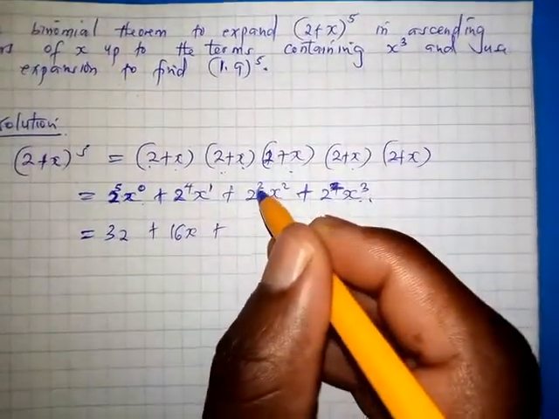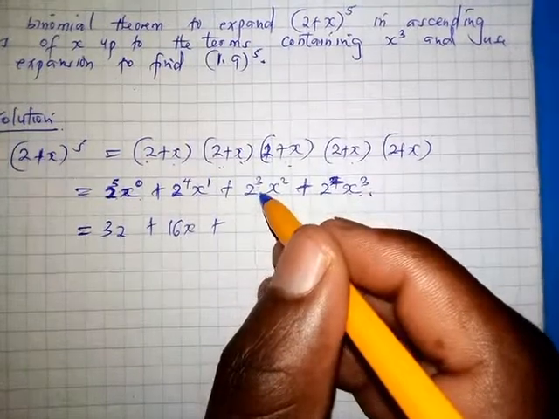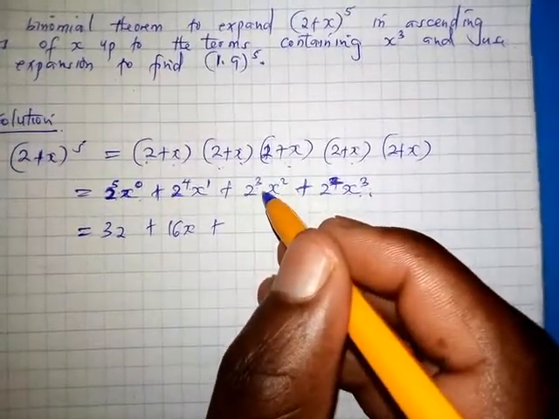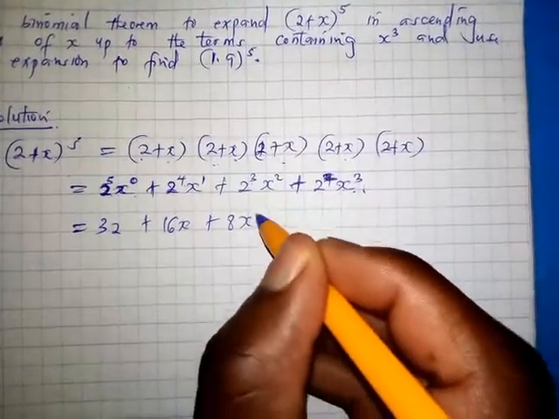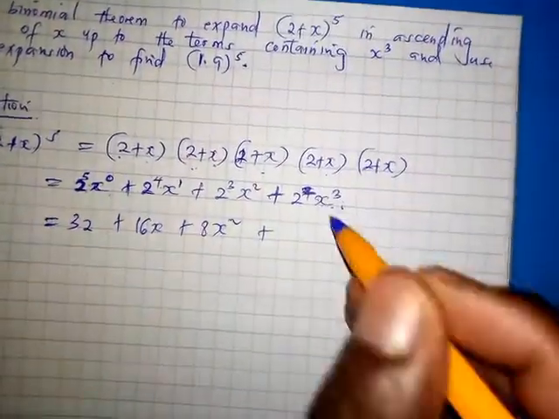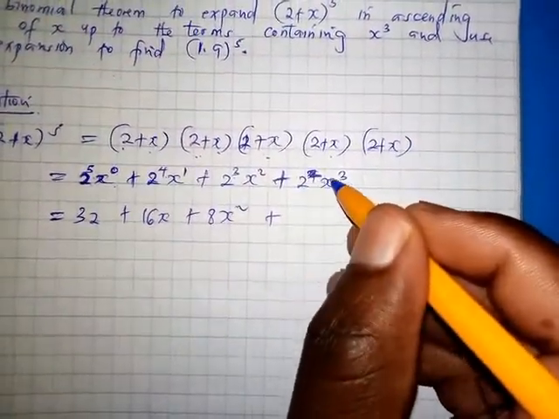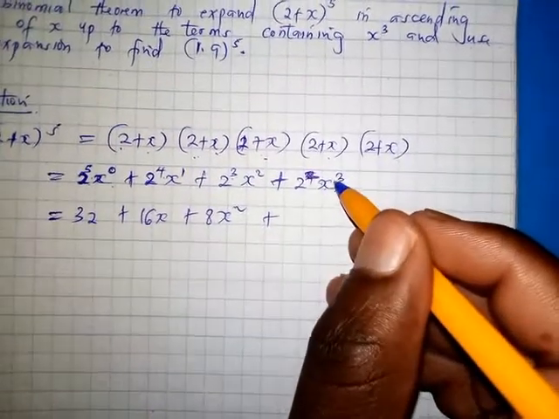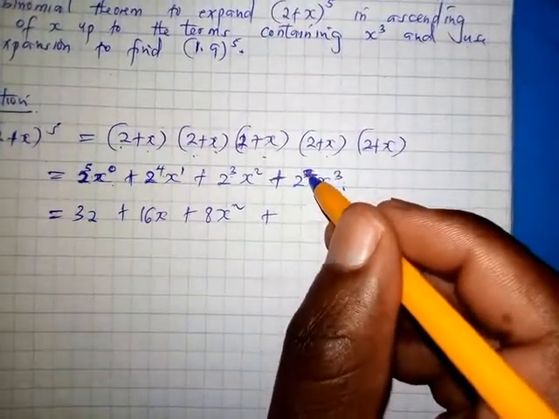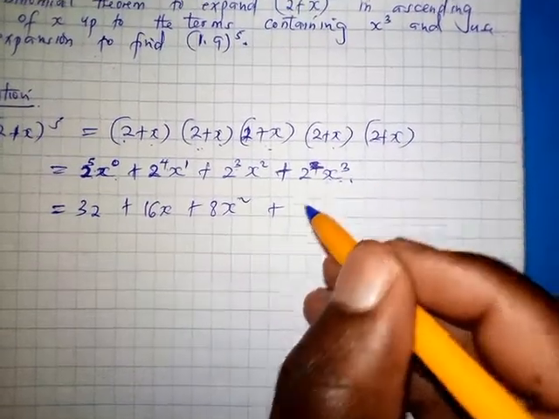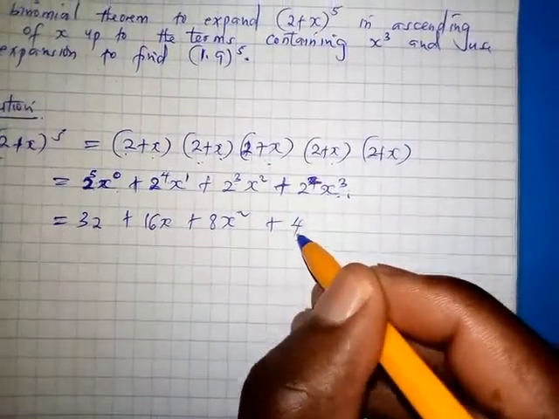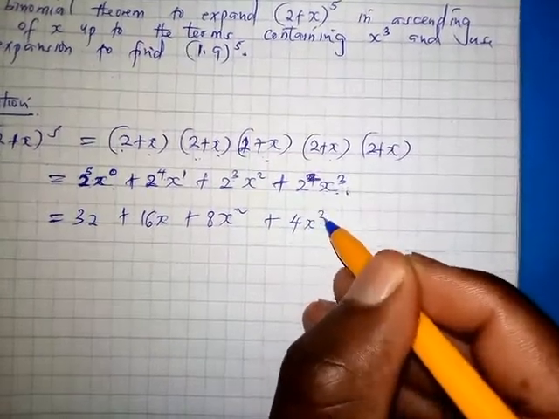Plus 2 cubed is 8 and x squared, so 8x squared. Plus 2 squared is 4, times x cubed, we get 4x cubed.